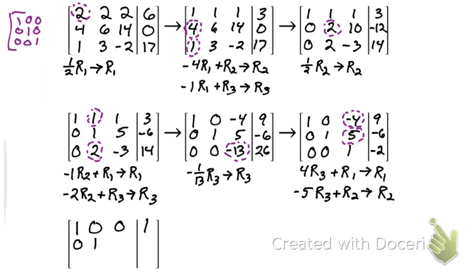Negative 5 times 1 is negative 5, plus 5 is 0, so that's good. And then we have negative 5 times a negative 2 is a positive 10. Minus 6 is 4. And then finally we have 0, 0, 1, negative 2. So we have x equals 1, y equals 4, and z equals a negative 2.